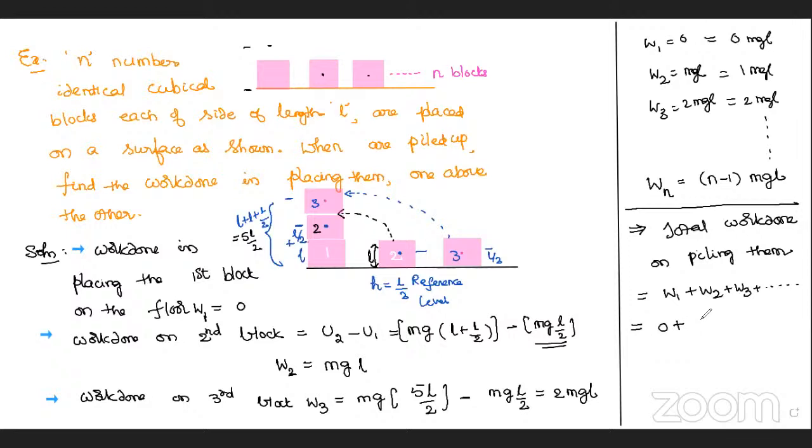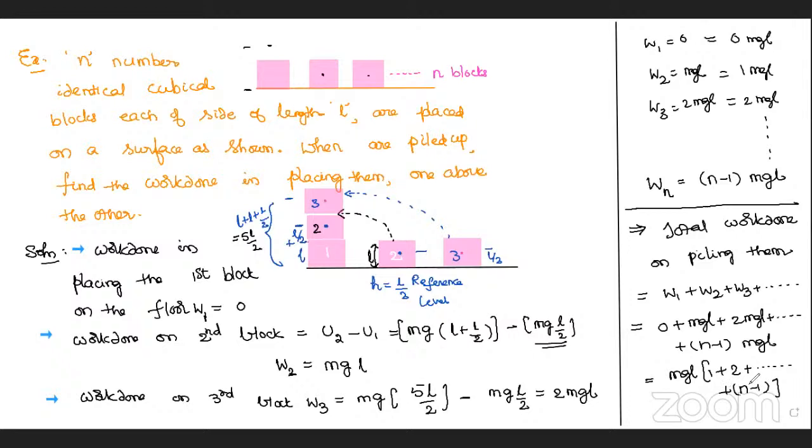So 0 plus mgl plus 2 mgl plus so on plus (n minus 1) into mgl. If I take mgl common, I will get an arithmetic progression: 1 plus 2 plus so on, the algebraic sum of n minus 1 numbers.